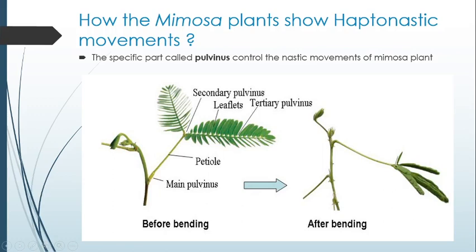When the water content inside this pulvinus changes, these nastic movements occur. Look at the diagram. You can see where these pulvinuses are situated. Actually, there are primary pulvinuses, secondary pulvinuses and tertiary pulvinuses.